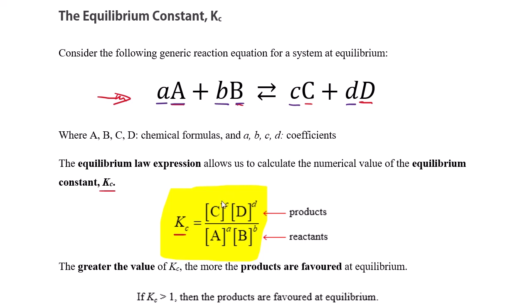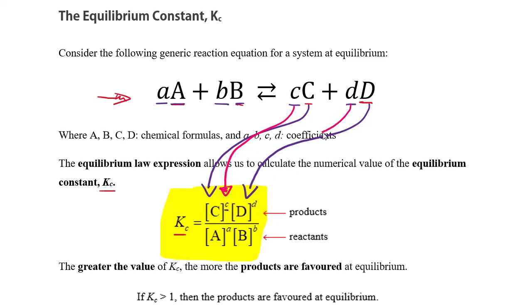Now to build this mathematical relationship, I need to take the concentrations of my reactants and products. These square brackets that you see down here, remember, stand for concentration. So I need to take my concentration of my products. Now, each of those concentrations is going to be taken to the exponent of the coefficient. So whatever my coefficient here, if I have a coefficient of 2, I will take this concentration to the power of 2.